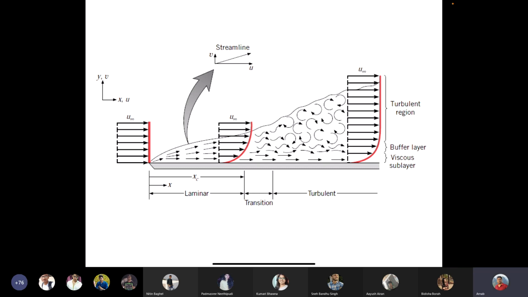So say we have this kind of a flat plate. So now we know that the boundary layer will be developed if there is a velocity gradient from the surface to the fluid stream velocity.